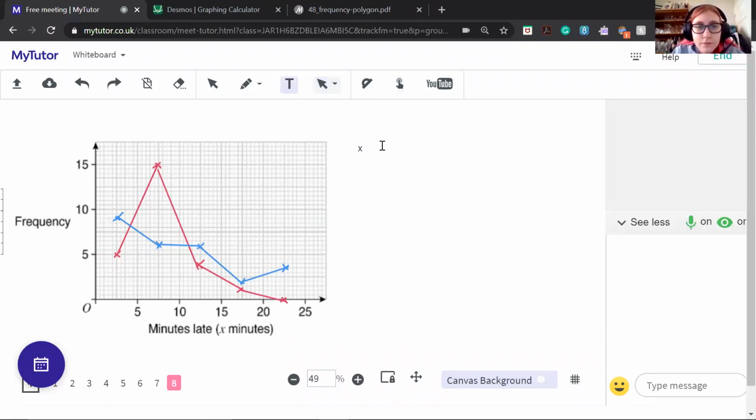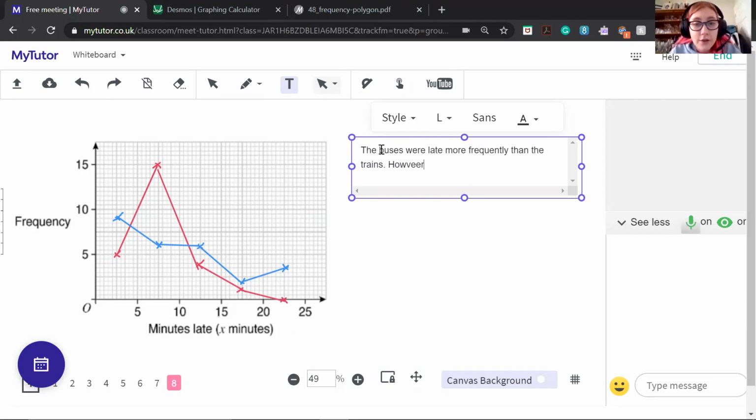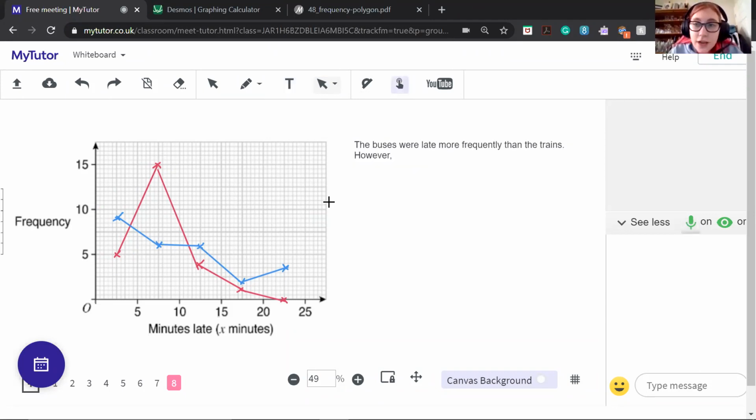So we can say the buses were late more frequently than the trains. So that's one of our 2 marks. Second point is that the trains were more frequently much later. When the trains were late, they were a lot later.